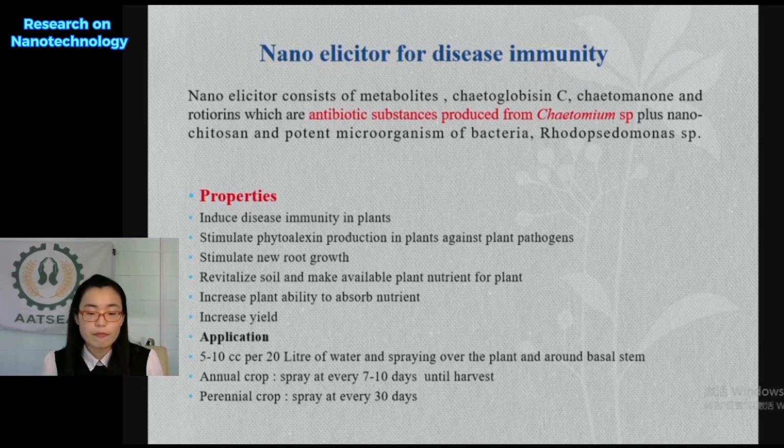The properties of this elicitor are: it induces disease immunity in plants and stimulates phytoalexin production in plants against plant pathogens. At the same time it also stimulates new root growth, revitalizes the soil, makes plant nutrients available for plants, increases the plant's ability to absorb nutrients, and increases the yield.